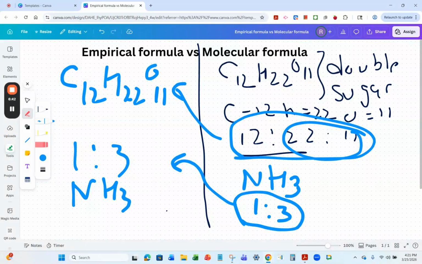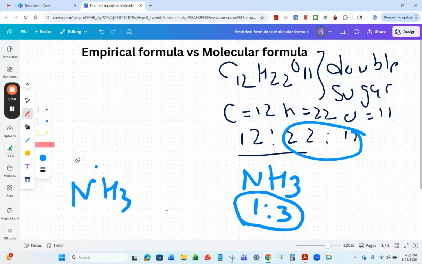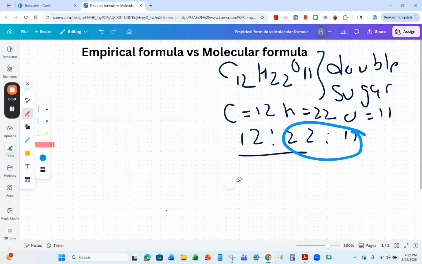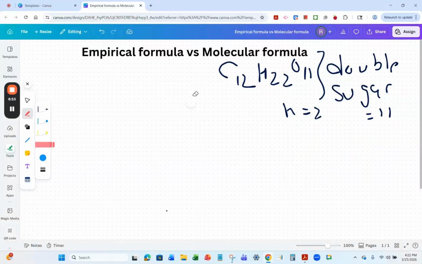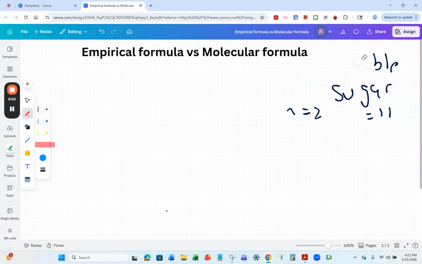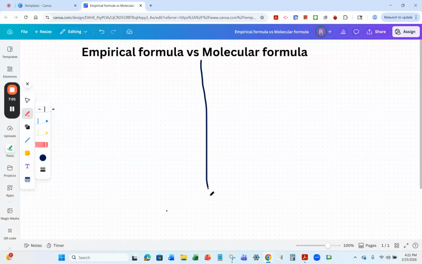Again, the empirical formula is the same. So yes, empirical formula means the simplest atomic ratio, but molecular formula means exact real number of atoms. So in short, in conclusion, a few examples.